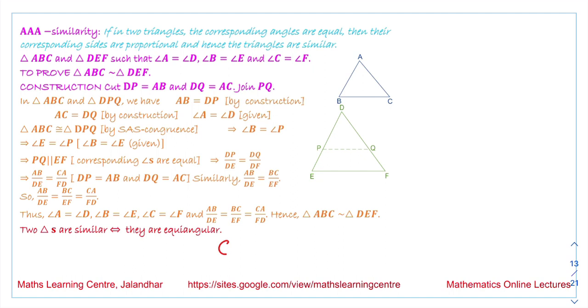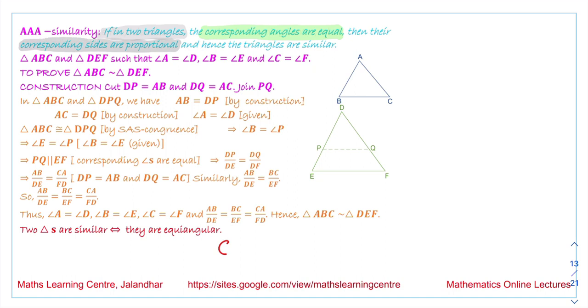Now we are saying if all three angles are equal, then the two triangles are similar to each other. So this is explained over here, that if in two triangles the corresponding angles are equal, then their corresponding sides are proportional.